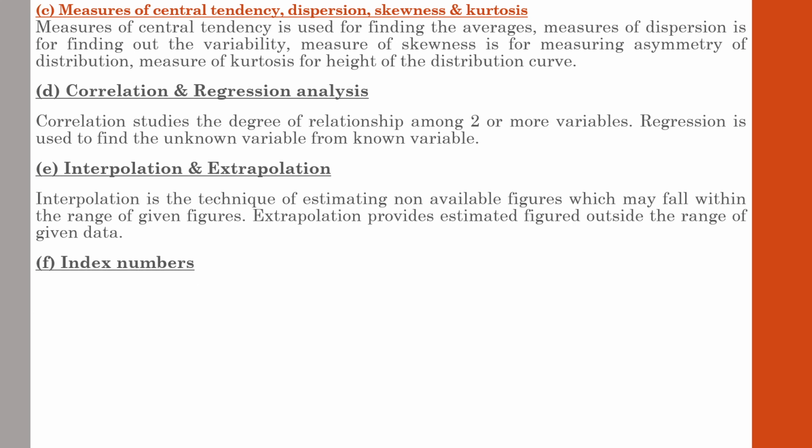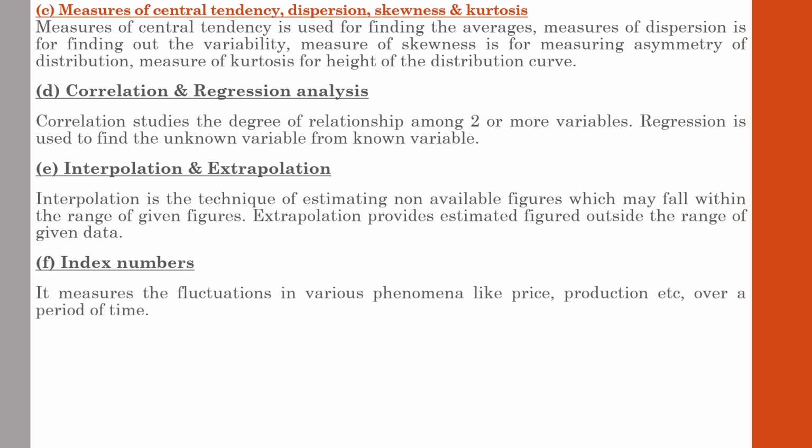Next one, index numbers. Index numbers is a measure that is used to study the fluctuations in various phenomena like price, production, operations, etc. over a certain period of time, and they can be used for solving decision making problems.